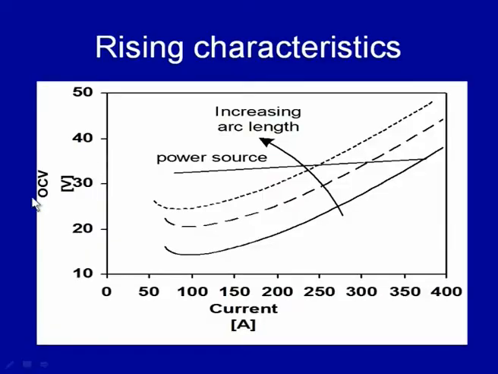So, the typical characteristic of the rising characteristic power sources we will see in this plot. It shows in the y axis open circuit voltage, and in the x axis welding current.